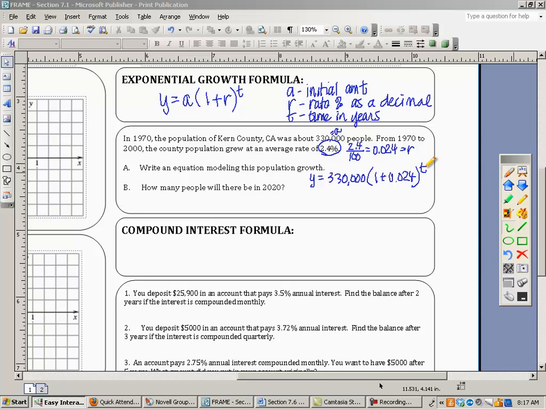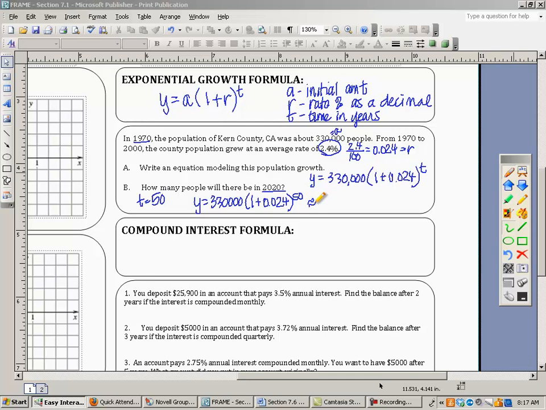Now the question is, how many people will there be in 2020? All right, 2020, we started at 1970, so the time then is going to be 50 years. So we stick it in. 330,000 times 1 plus 0.024 to the 50th.